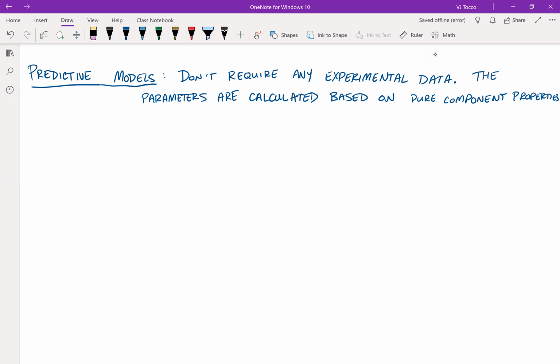One of these is called the Van Laar model. The Van Laar model starts with excess molar Gibbs energy divided by RT, as all the other ones do. The parameters for the Van Laar model are L21 and L12. So all these models have slightly different names for what they call their parameters, but the idea is the same.